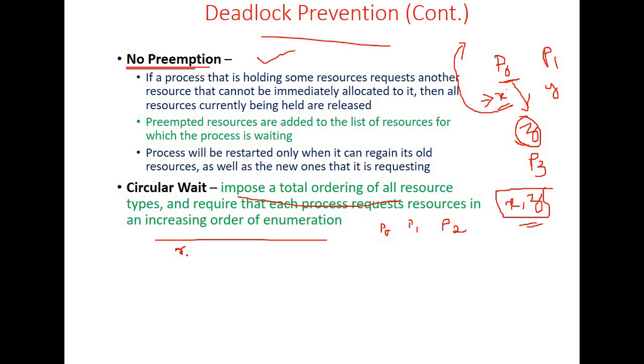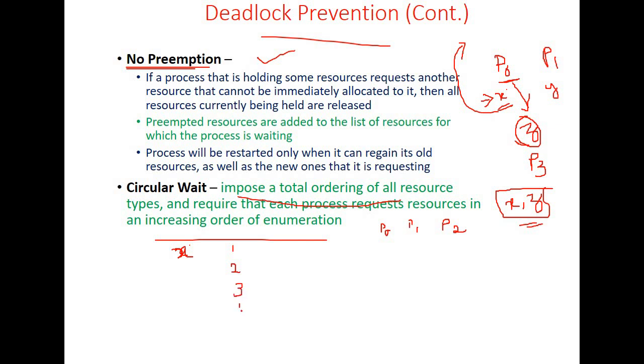Every resource will be given some priority. It can be considered like some priority number or order of requesting the resource. Every resource will be given some order of request. So that means the resources are given some number 1, 2, 3, 4, 5, 6 like that.